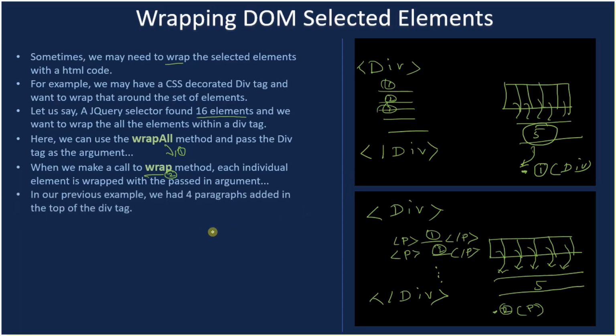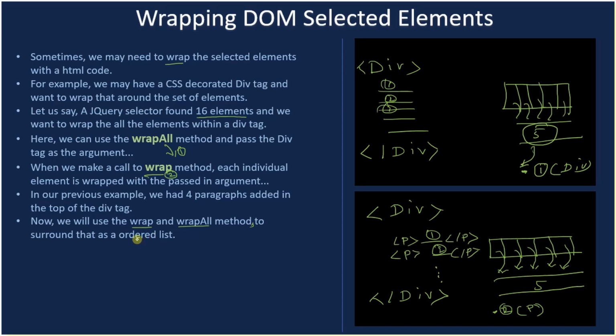In our previous example, we had 4 paragraphs added at the top of the div tag, right? So we formed the table of contents in our previous video. Now we will use the wrap and wrapAll methods to surround that as an ordered list.